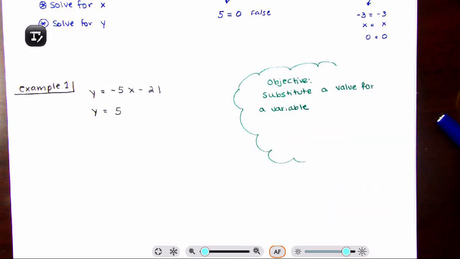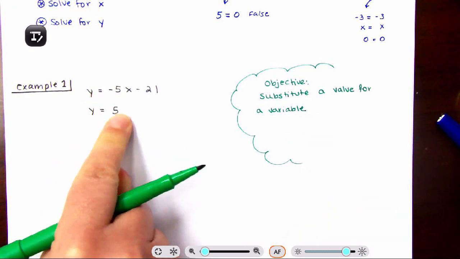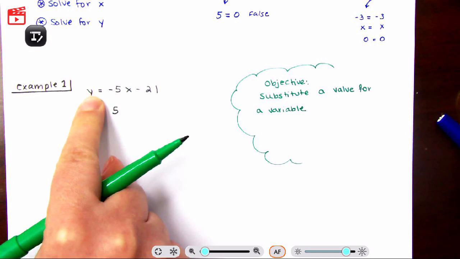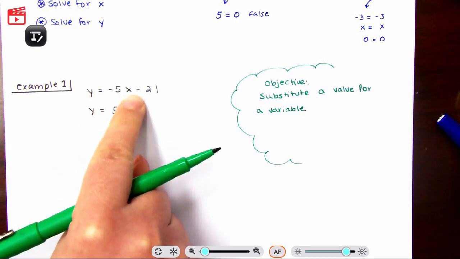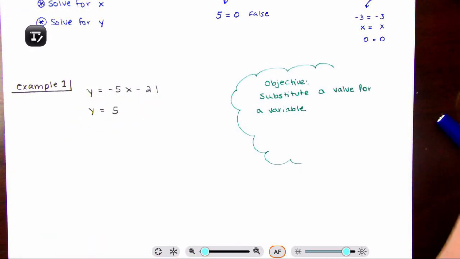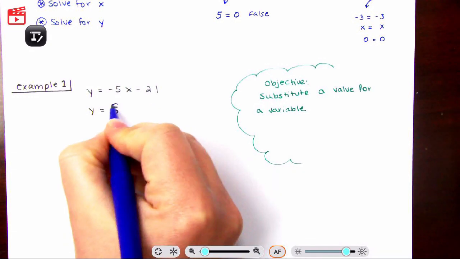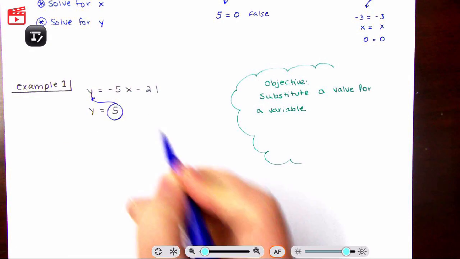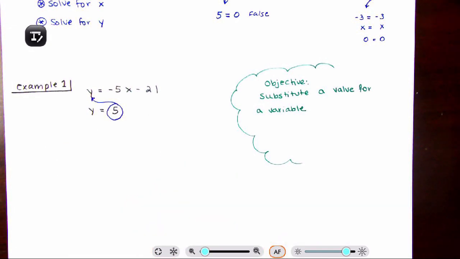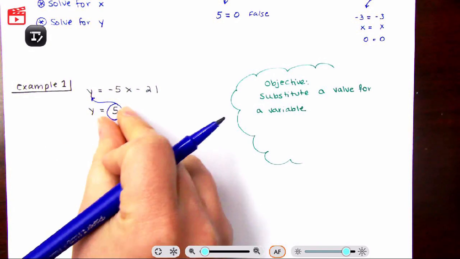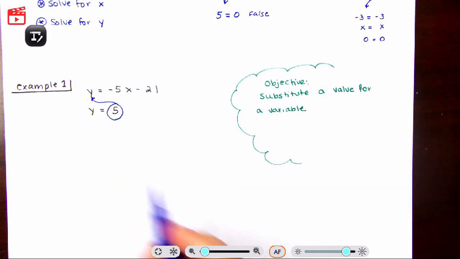So for example, we have 5 is equal to y, and we have y is equal to -5x minus 21. What we are going to do is substitute this 5 into my y. Now, if I have multiple y's, I can do that for all y's. So I'm going to pick this y up, and I'm going to put it in place of this.